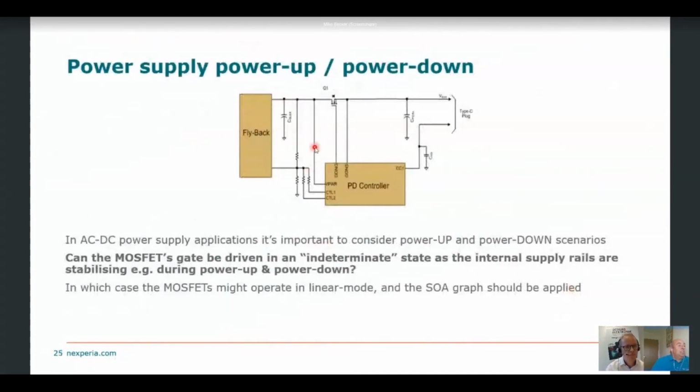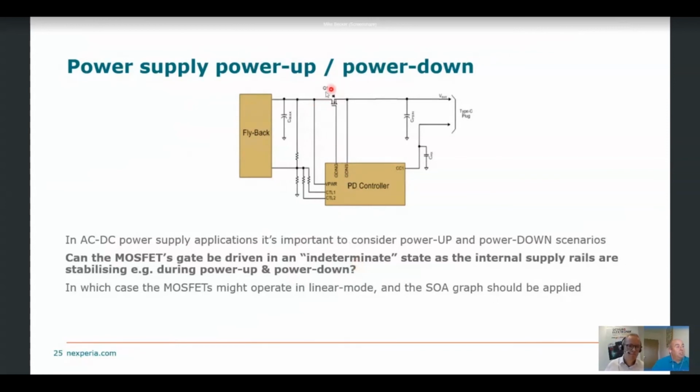A similar application is in AC to DC power supplies. Imagine an AC to DC power supply. When you plug it into the AC power, and these internal power rails are still ramping up, it's possible to drive the MOSFET in an indeterminate state.